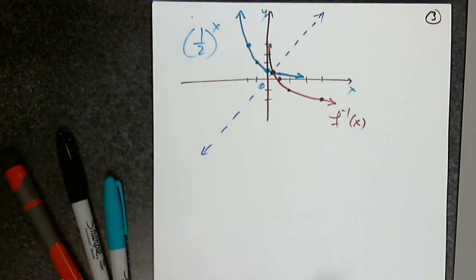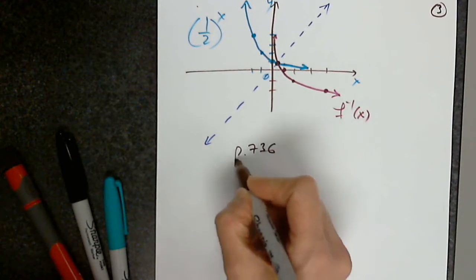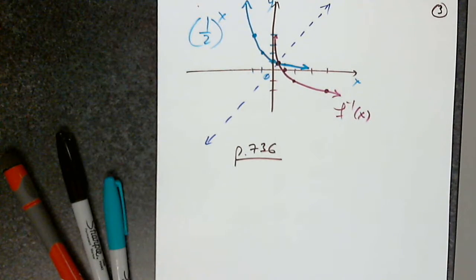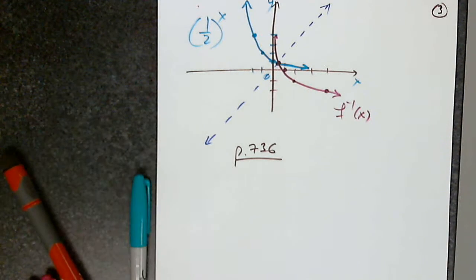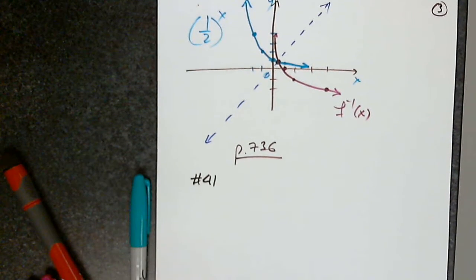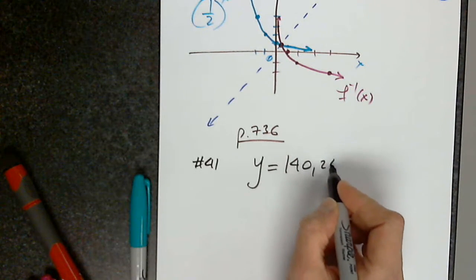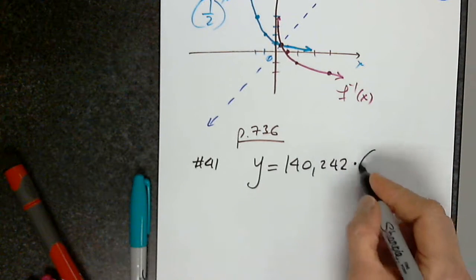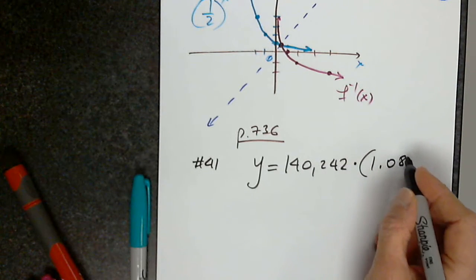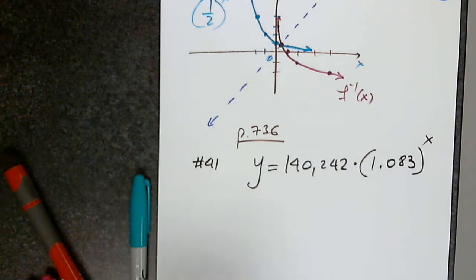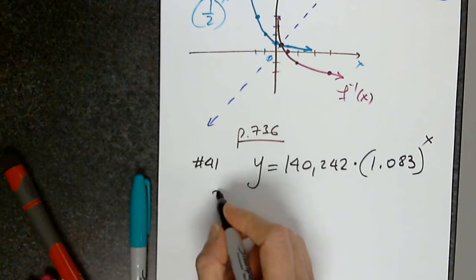Okay, so on page 736, a couple of word problems. Let's start with 41. The equation y equals 140,242 multiplied by 1.083 raised to x models the number of American college students who studied abroad each year from 2000 through 2009.